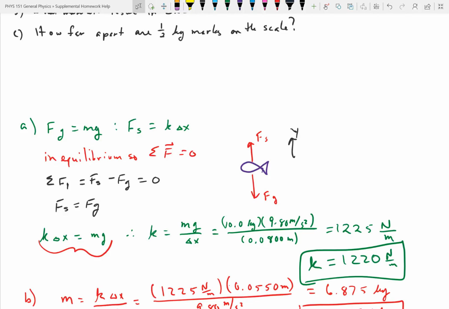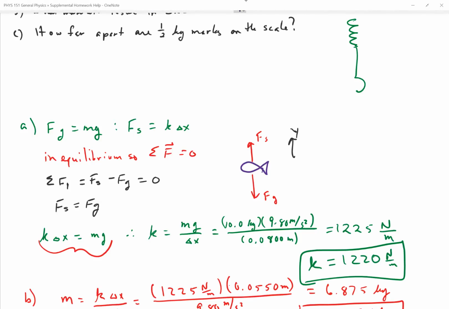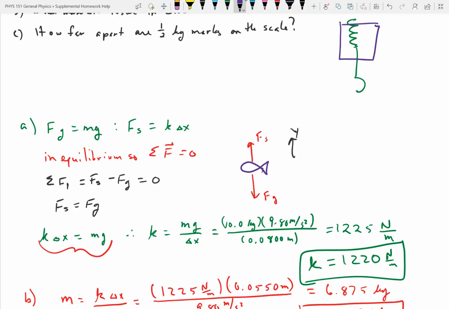Right. What we're looking at is we have a scale. So the scale has a spring and a hook, and then it has a body that goes around this with a marker. And as this marker moves, you have different things.